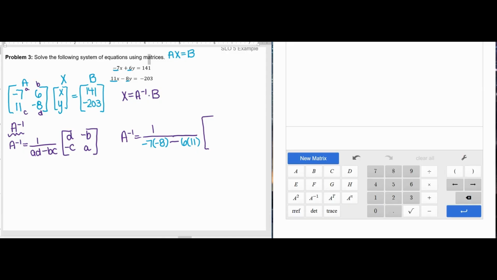Nobody's position has changed. We don't do any of that until the crazy matrix. A and D flip-flop, which means -8 comes up, -7 goes down. The 11 and 6 stay put, but we switch their signs.